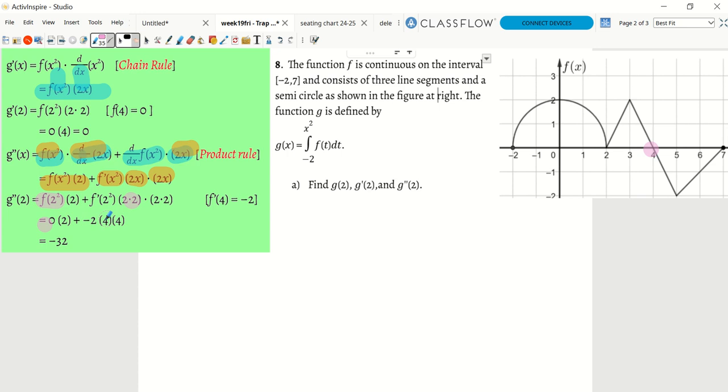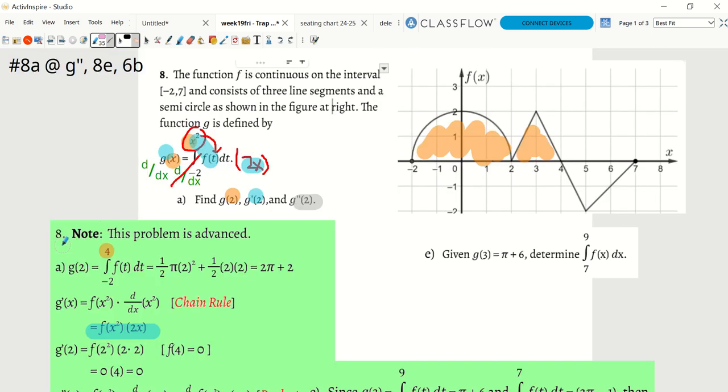This is 4. This is also 4. This is f prime of 2 squared, which is f prime of 4. And the slope is downhill, so negative. Rise 4, run 2. So 4 over 2 is 2. Downhill means negative 2. So this becomes that. And now you just evaluate this expression, and you get negative 32.